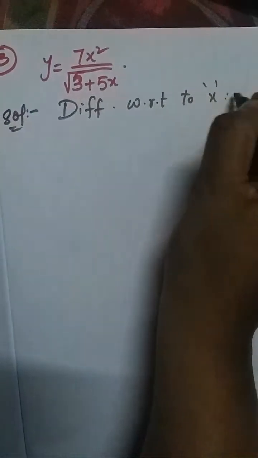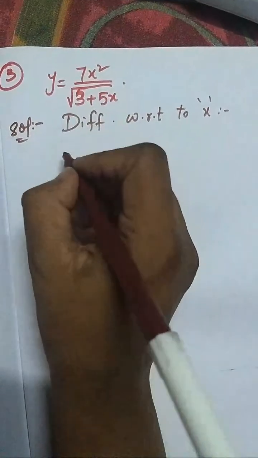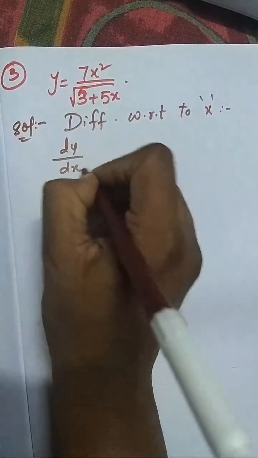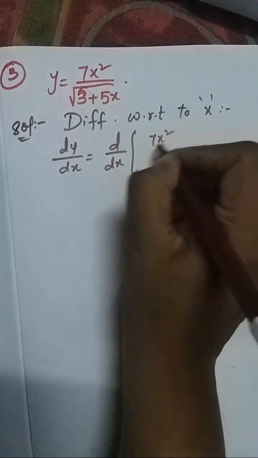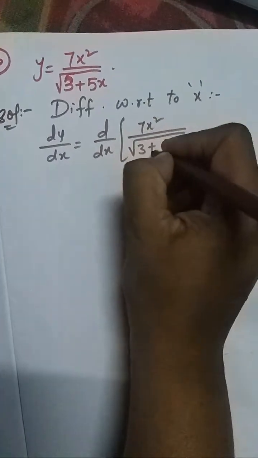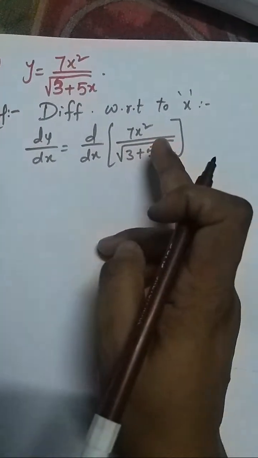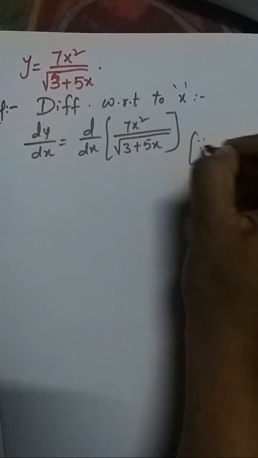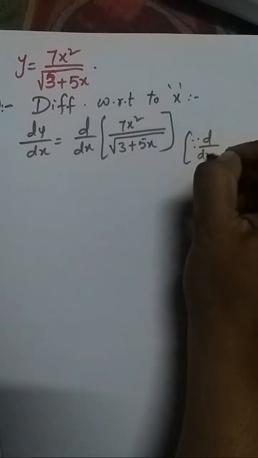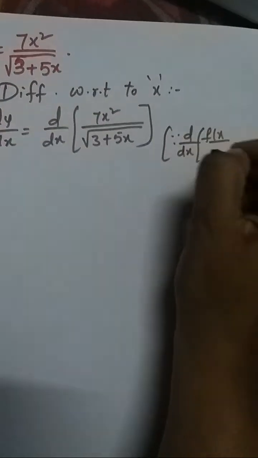Now dy by dx equals d by dx of 7x square by under root 3 plus 5x. This is somewhat different, children. How? This is in the f of x by g of x form, so it is in quotient rule form.